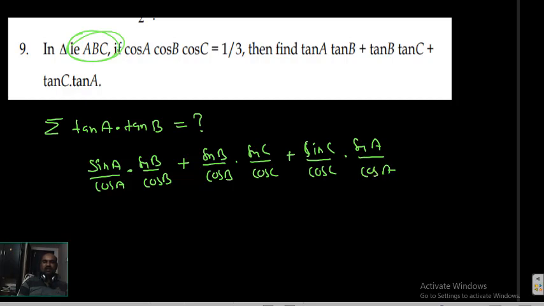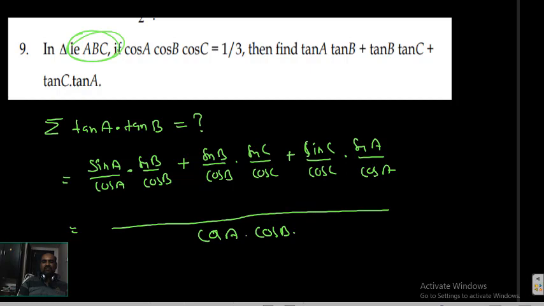I want to take cos A, cos B, cos C common for LCM. Cos A into cos B into cos C is taken as LCM. What will we get?